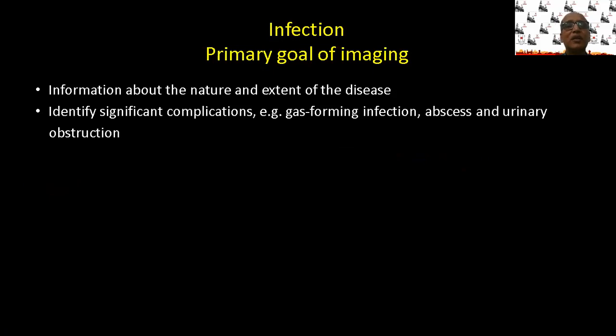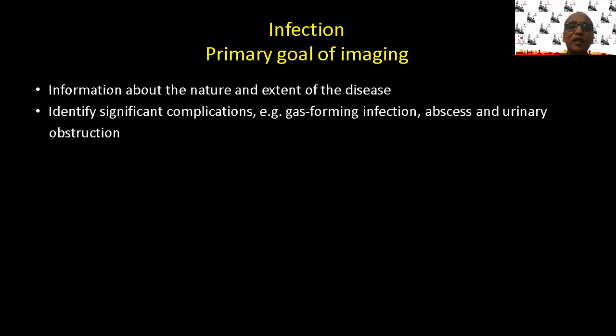Now, coming to the important things, what we should be looking at in the intensive care setting in the stage of acute kidney injury or evaluation of kidneys. One of the very important things is to look for infection. In the setting of infection, you tend to do a scan, be it CT or ultrasound or MR, as the case may be.